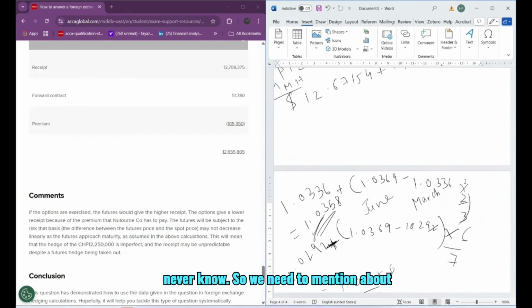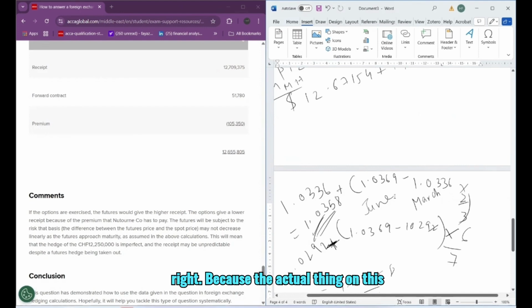So we need to mention these assumptions in our comments. We need to ensure that we write this imperfection out, that even if it is a higher receipt, there are these risks involved. Despite having taken a futures hedge, it might be unpredictable. It could be imperfect because of this basis risk, because the actual position on the date of the transaction, 31st May, and the futures price that we have guessed will be different.